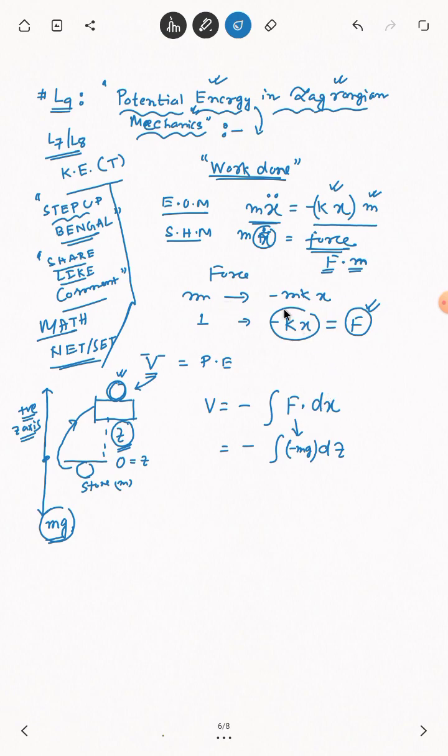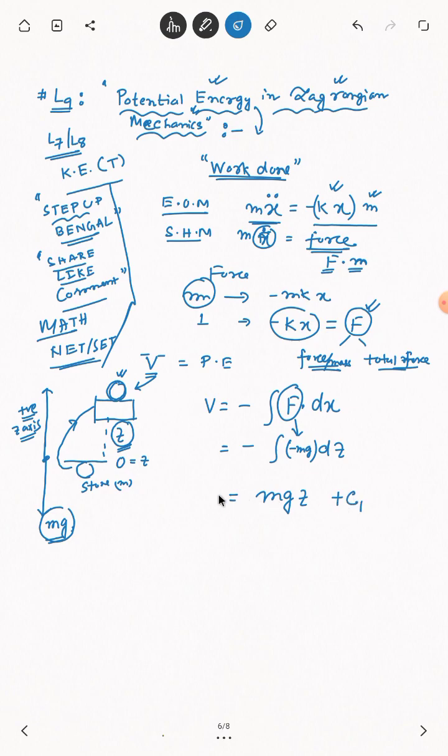We can take F both as force per unit mass, or sometimes as total force. When we call it force per unit mass, then remember we have to divide it by m, mass, and when it is total force, then there is no need. Here we have taken it as total force, so ultimately this becomes mgz plus c1.